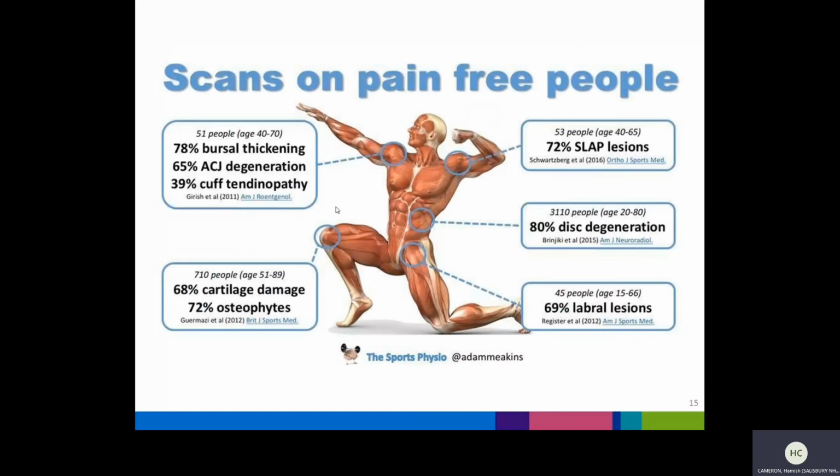And for some people, they can have very minor changes but suffer a high level of pain. It's this mismatch that we don't fully, completely understand at this moment in time. But what it does help to show is that these changes don't always mean it's an inevitable part of getting older that you're always going to have pain. And this doesn't actually follow when we look at the statistics.